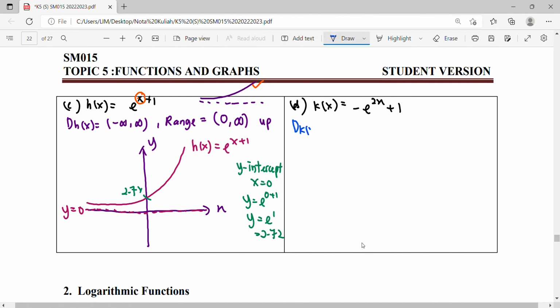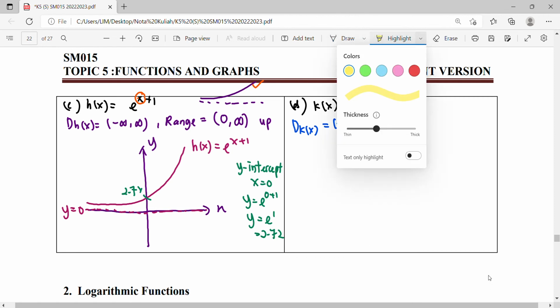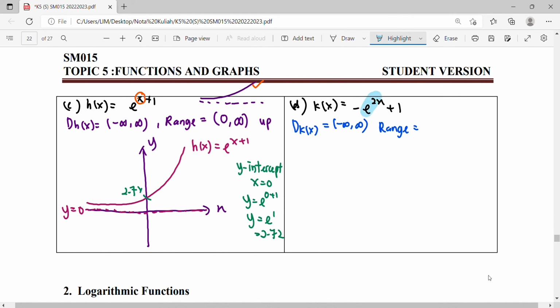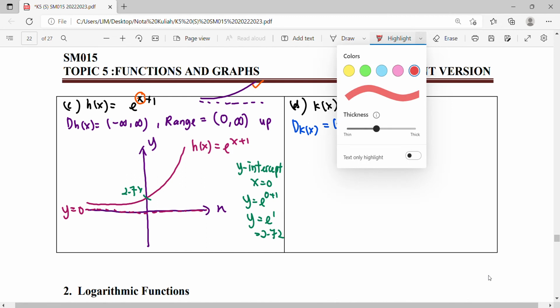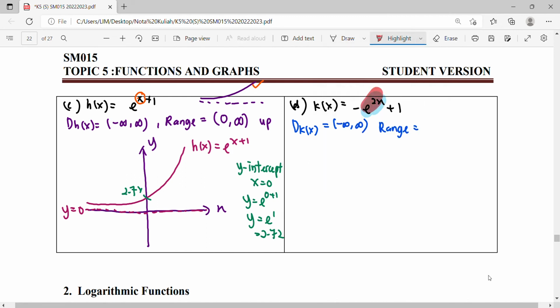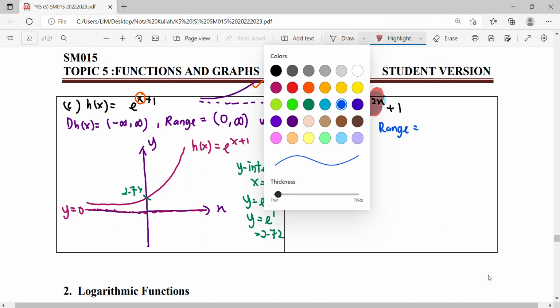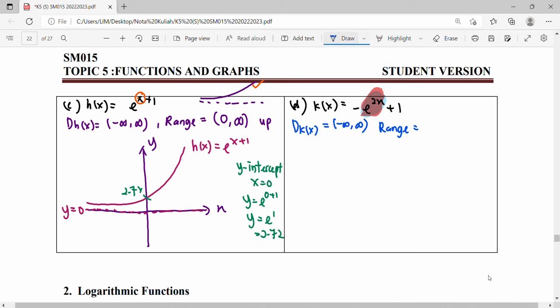Domain of the function, as usual, negative infinity to infinity. Meanwhile, for the range, we can read the range here. When I close the exponential here, I can see outside the coefficient is negative. So it will start from negative infinity up to a maximum of 1. So 1 is not included.